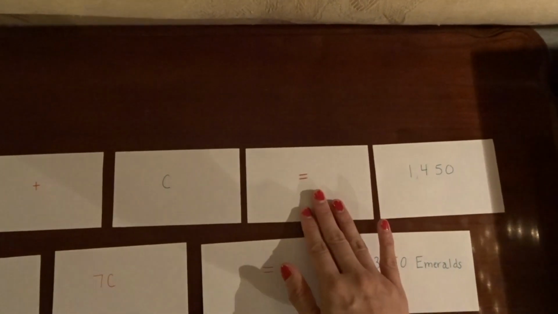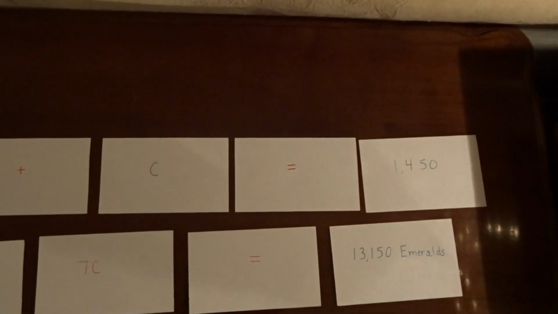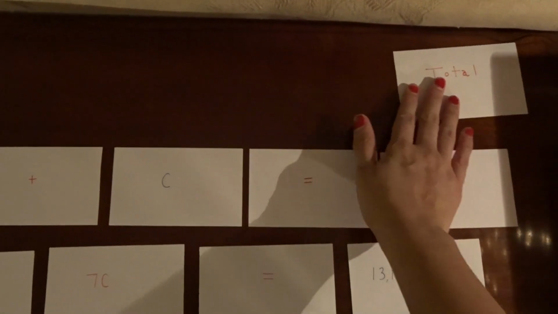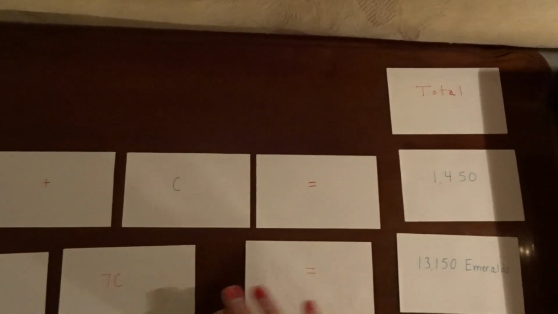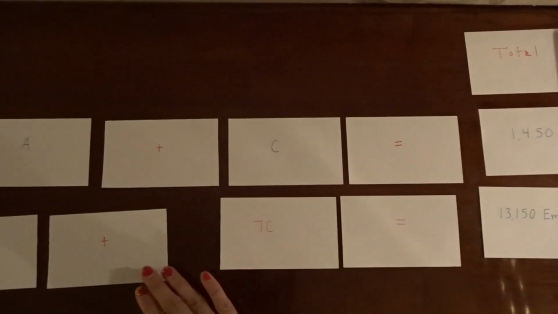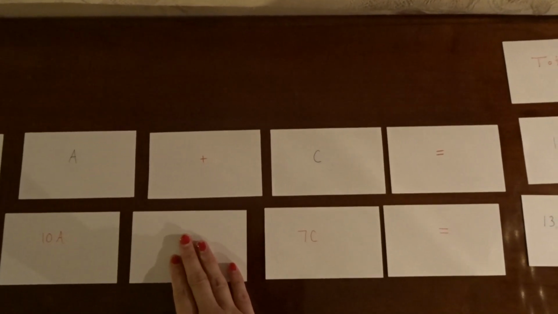And from the word problem, we know that 1,450 tickets were sold. So that was the total. And we have our two equations. So there's our system.